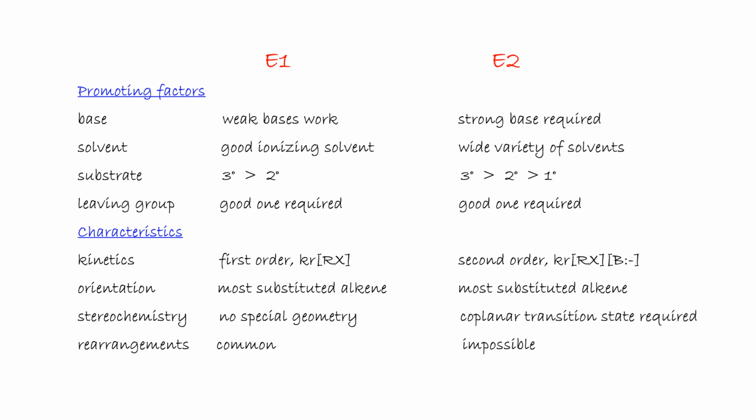To summarize the differences between E1 and E2. Base used in the reaction: in E1, weak base. In E2, we need a strong base. Solvent: for E1, a good ionizing solvent, while in E2, a wide variety of solvents.